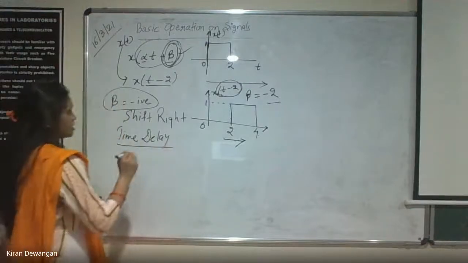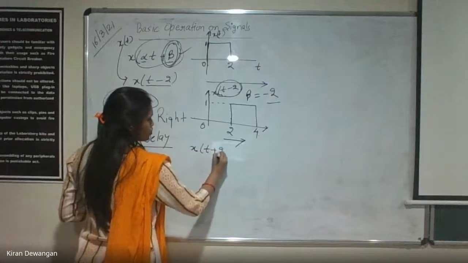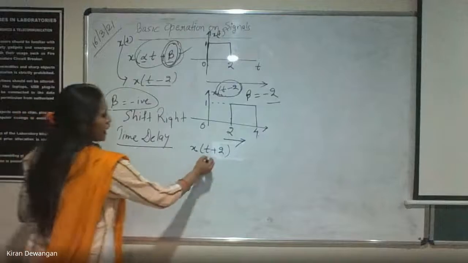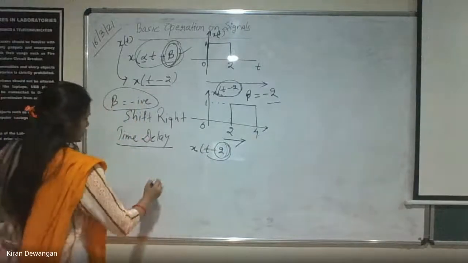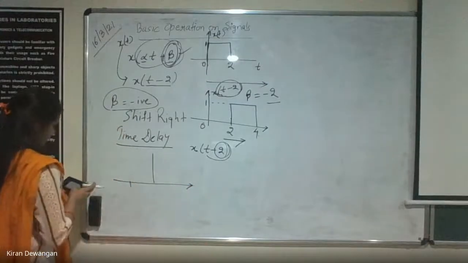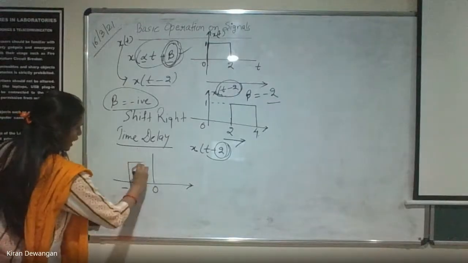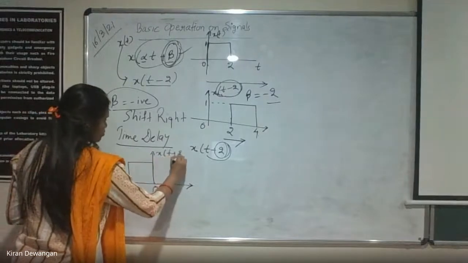Clear? Now similarly, if we have to perform x of t plus 2, that means we have to add the value of 2 to the entire t. In this case, it will start from minus 2 to 0, and the plot will be x of t plus 2.